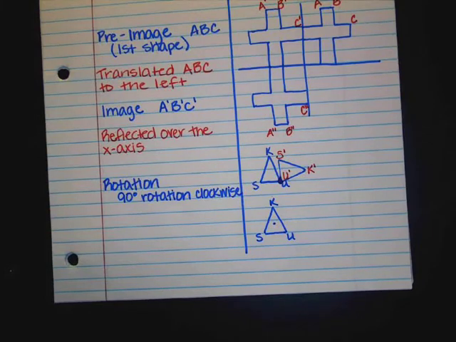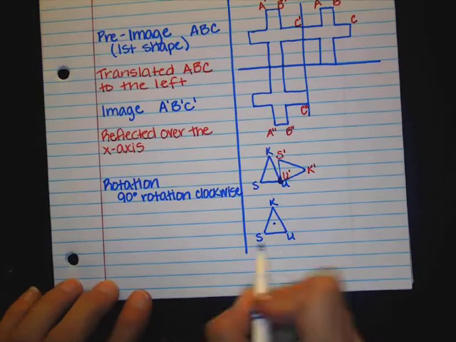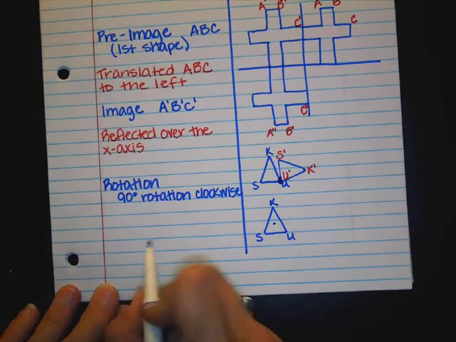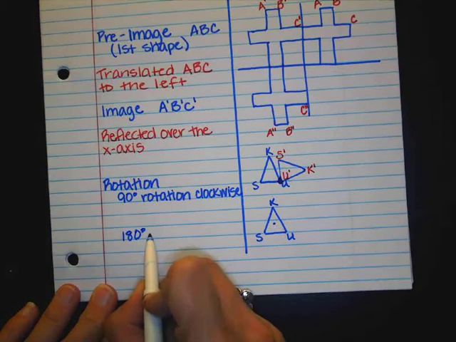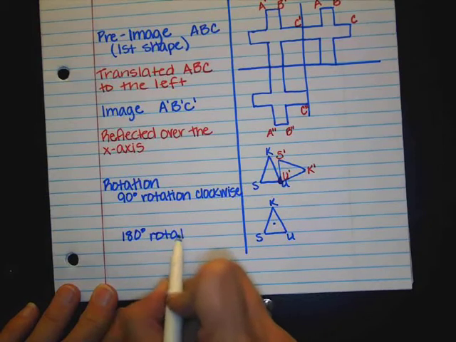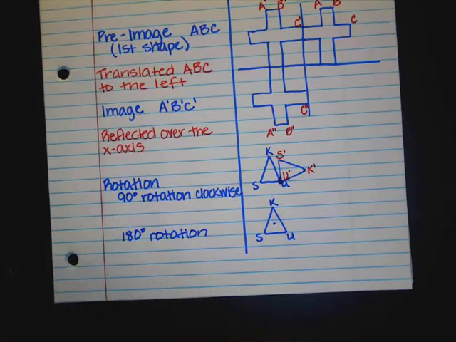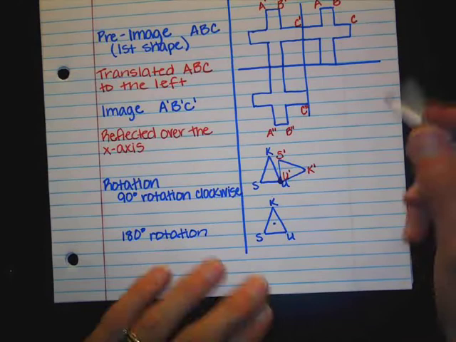And we need to know how far we're rotating this. I'm going to rotate this guy 180 degrees. Now, here's the thing about 180 degrees. Do I really have to tell you which direction? No. If I go clockwise or counterclockwise, will you still land up at the same spot? We'll still land up at the same spot.